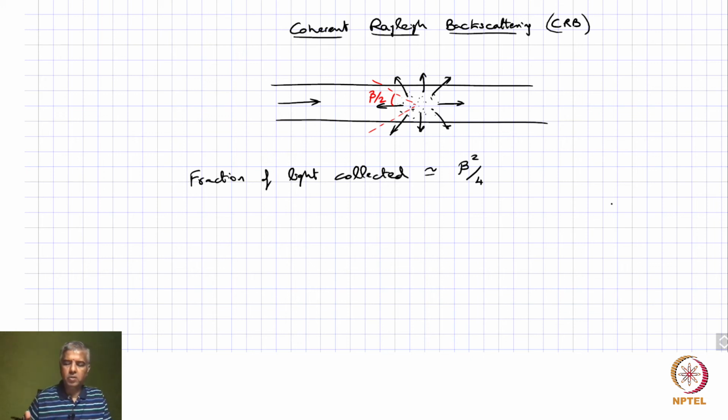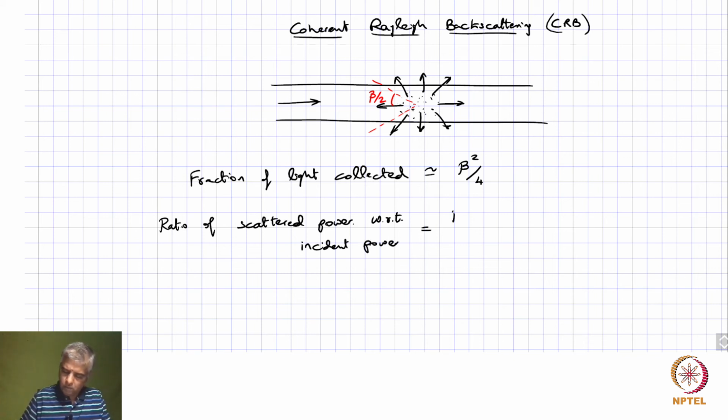But if you are to quantify the amount of power scattered, what we are interested in is the ratio of scattered power with respect to the incident power, which we can denote as Ps over Pi. So, this is the fraction that's scattered, or the fraction that is collected.